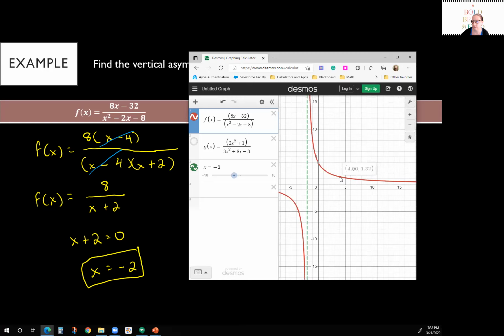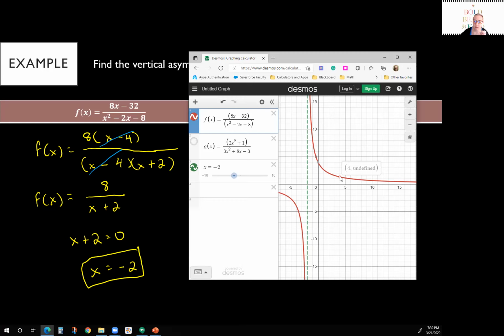So if I get close, when I'm scrolling here on Desmos, it's probably really hard to see, but it becomes an open circle here because at 4, it's actually undefined. So that's why it's called a hole, because we don't actually have that value in the graph, but we have every value close to it. It's like you just got this little gap in the graph at that point.